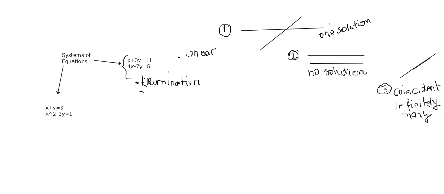So with both ways, elimination or substitution, we'll go for finding the right point where the lines intersect, or it will show us that there is no solution at all, and then we will understand that the lines are parallel. Or in the last case, we will have infinitely many solutions, understanding that we are dealing with the same line.